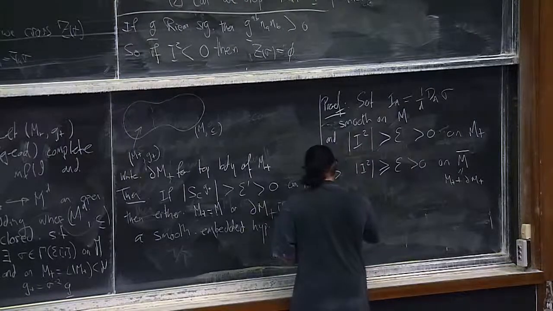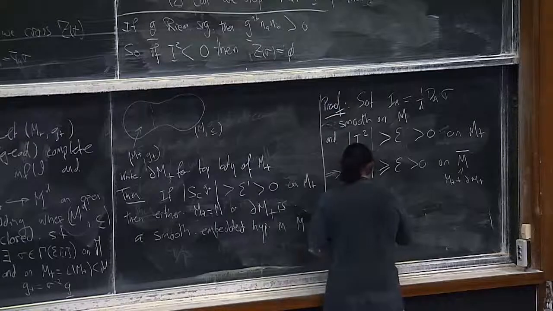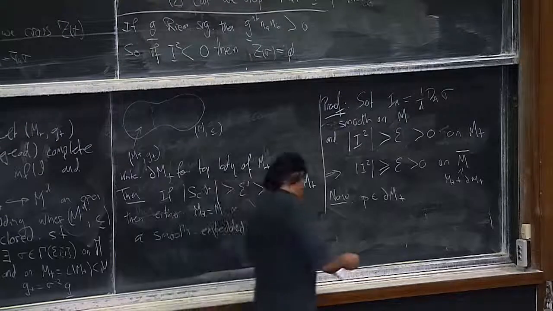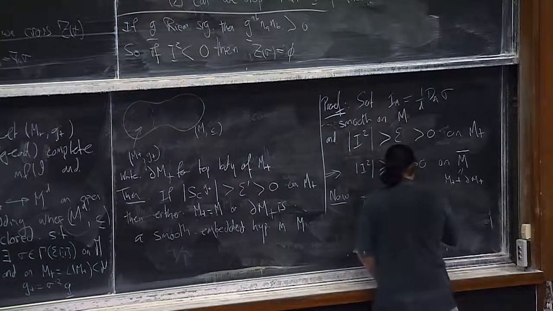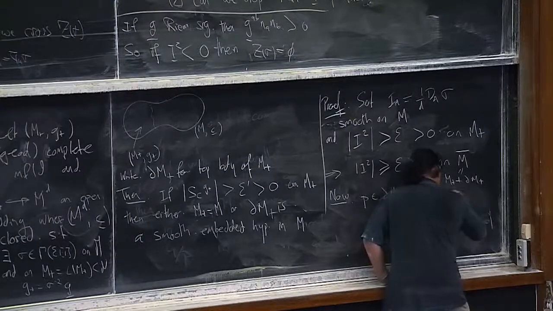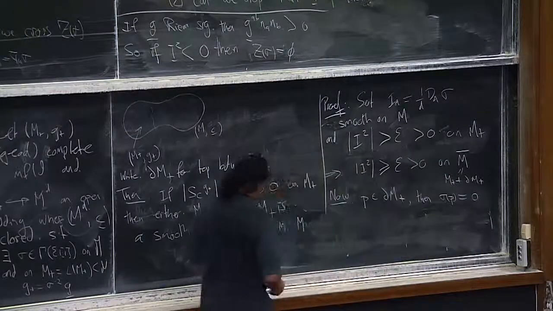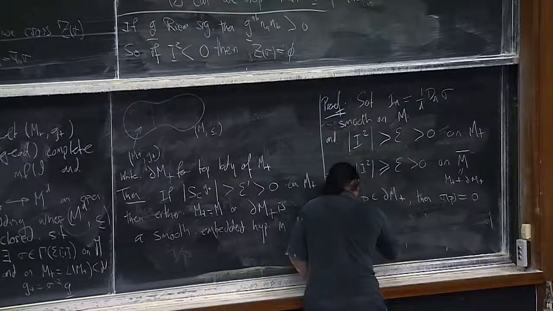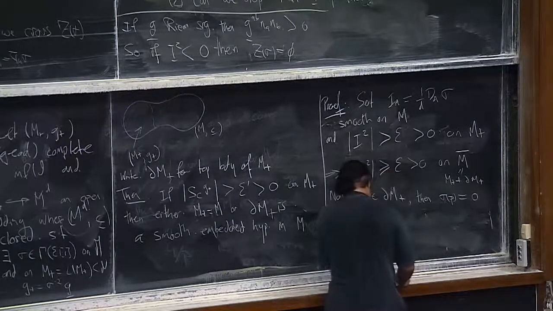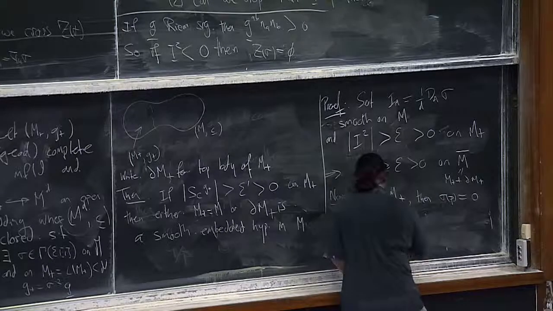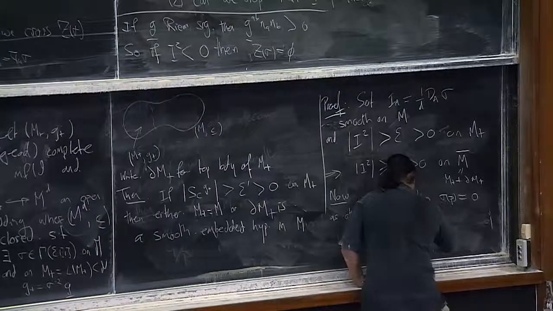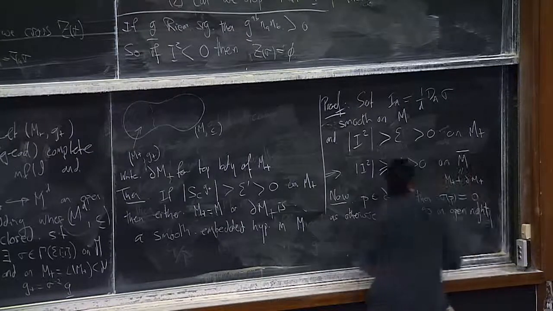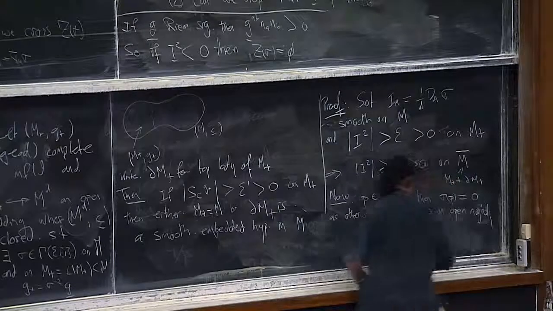Now let's look at what happens at the boundary points. If you take p, a boundary point of M+, then I claim that sigma has to vanish there. Why is that? Well, otherwise, if it doesn't, then this is smooth, so it doesn't vanish in an open neighborhood of p.